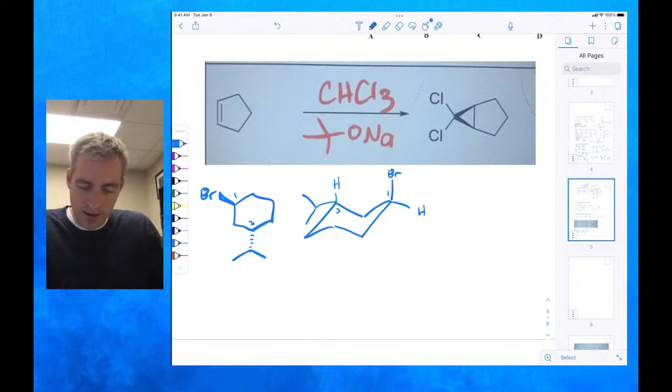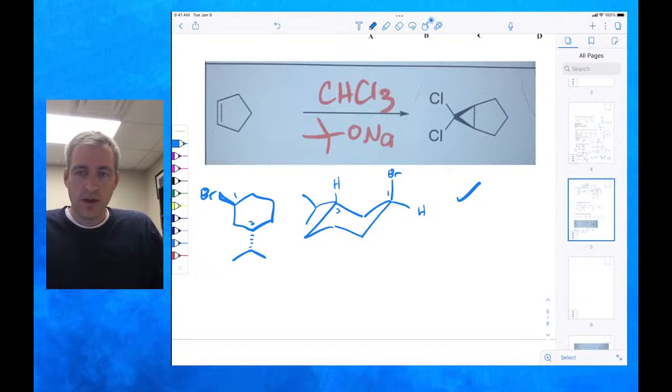Actually, that's not so bad, right? That structure actually looks pretty good because the large group is equatorial. So this is going to give a very fast reaction because the major conformation has the bromine in an axial position.